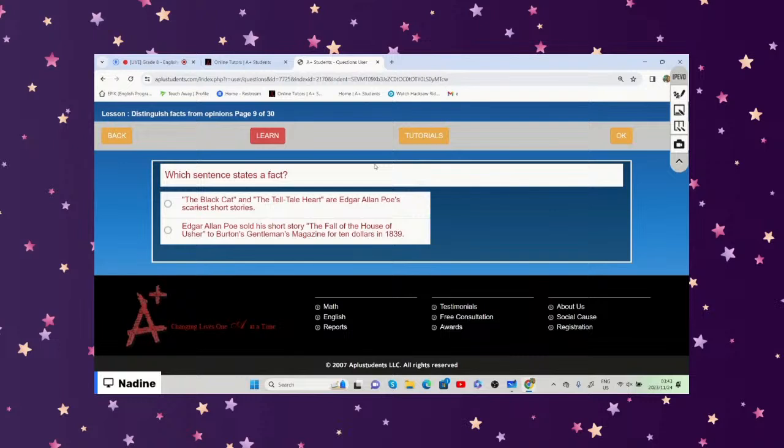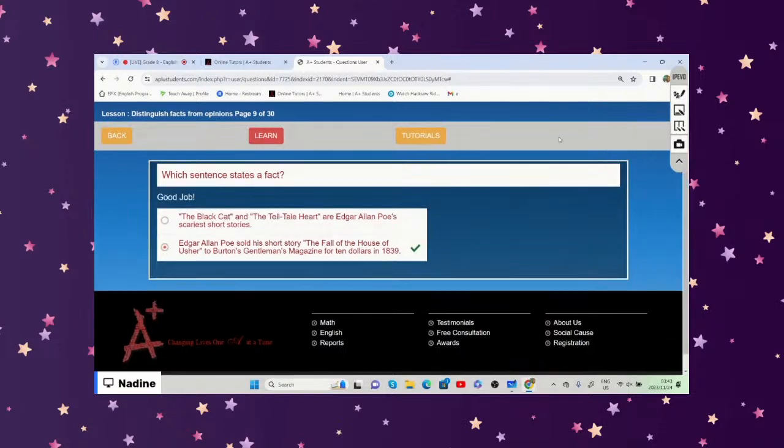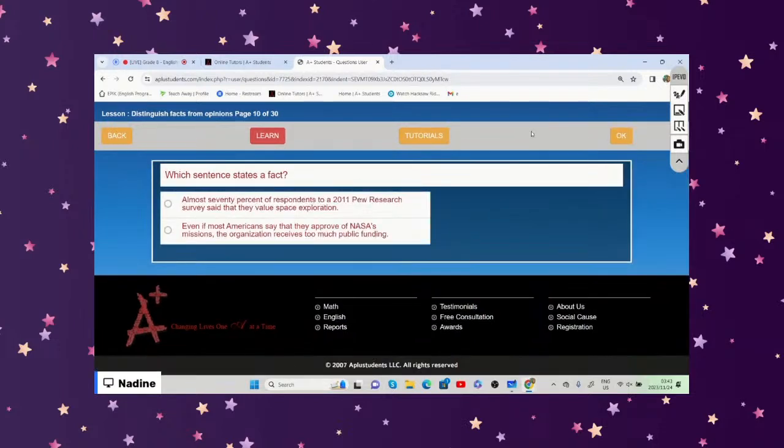If we want to choose the correct one, we'll go with the second one, right? Because Edgar Allan Poe sold his short story, The Fall of the House of Usher. And number two is correct. Well done.